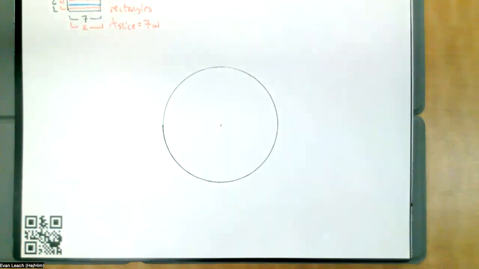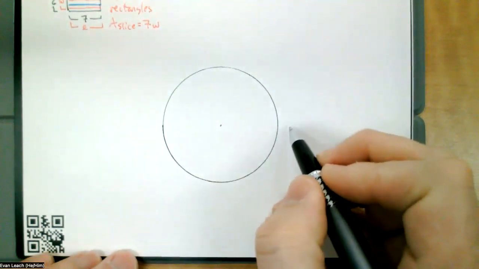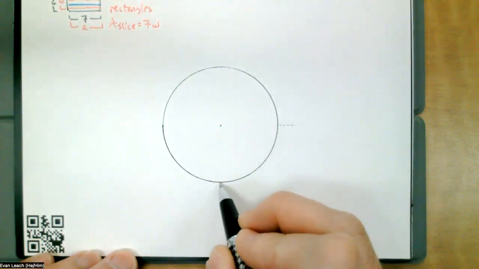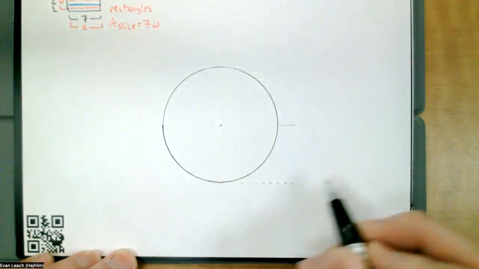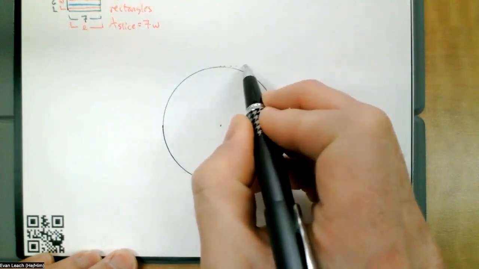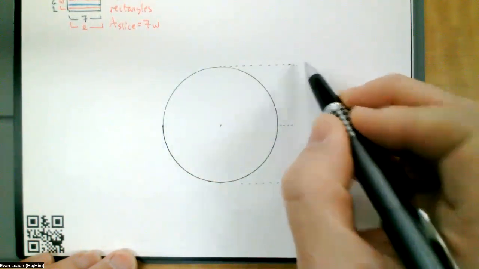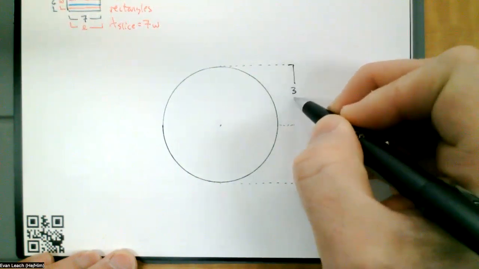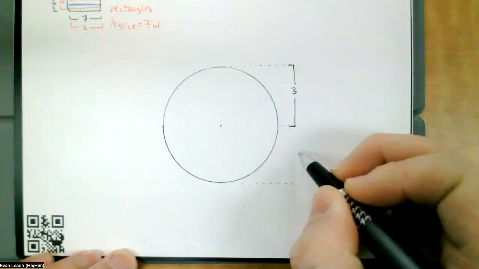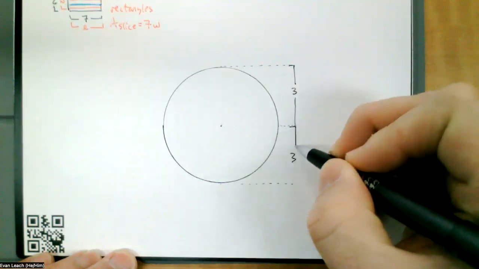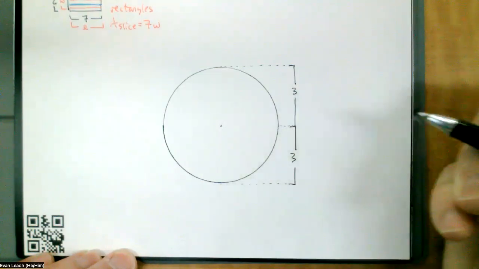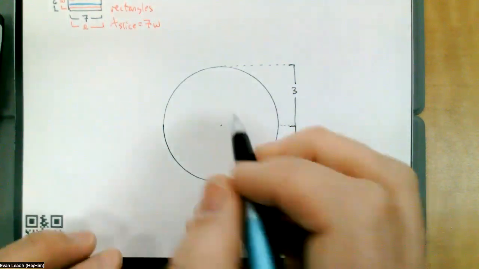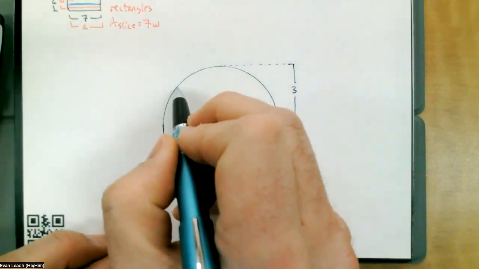All right. So let's see what's going on. We've got our radius. I missed. Here's our radius of 3. We got a length of 7 that we cannot see, and we've got water to a depth of 5.